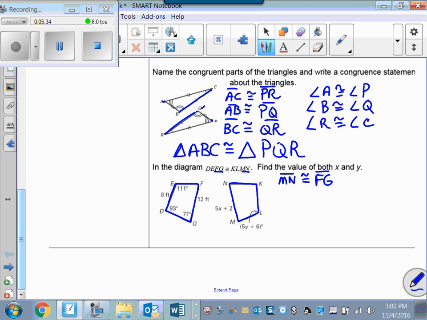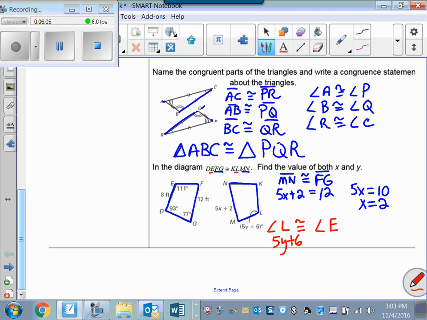So that means these two would be equal, their measures would. So 5x plus 2 is going to equal 12. So 5x is 10, so that gives me x is 2. And then if I want to find y, I've got to figure out what angle is congruent to L. So angle L would be congruent to angle E. Angle L's measure is 5y plus 6.